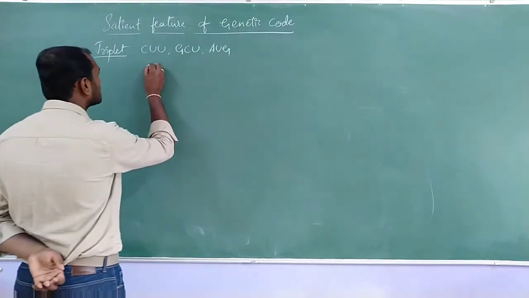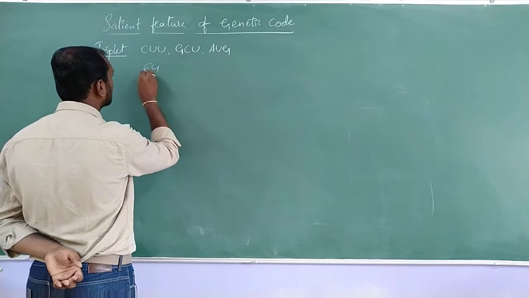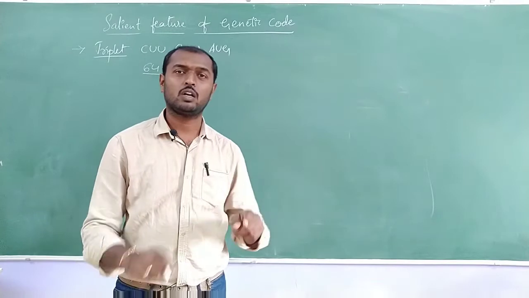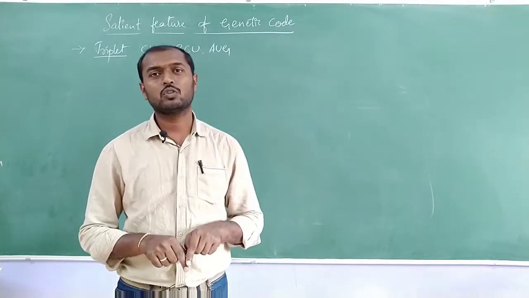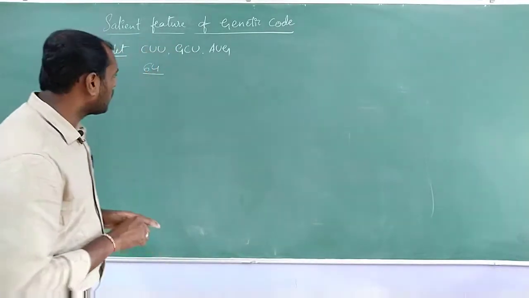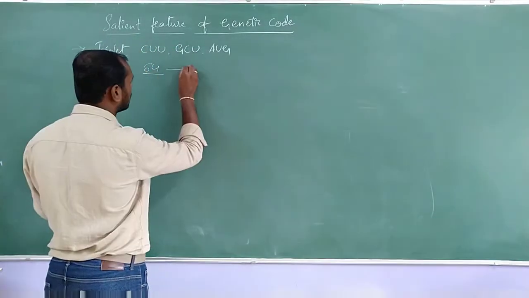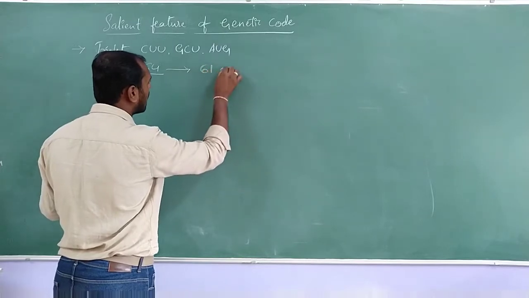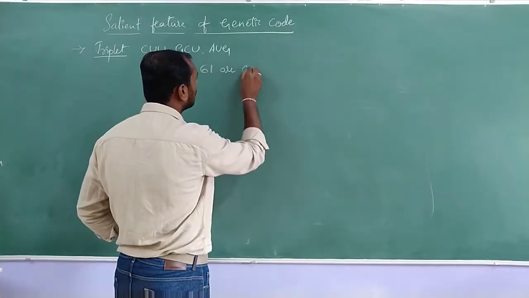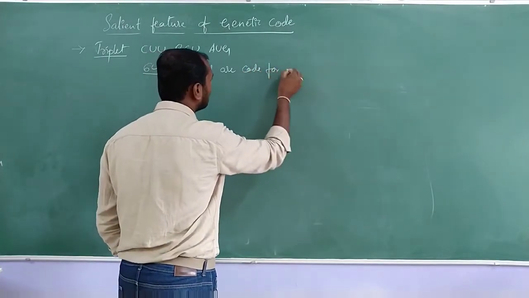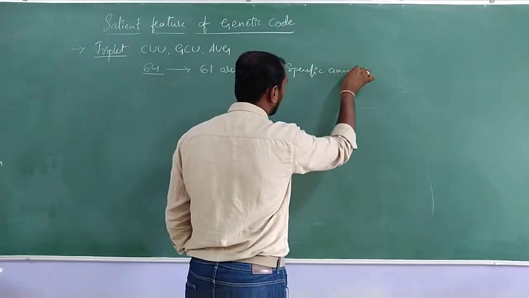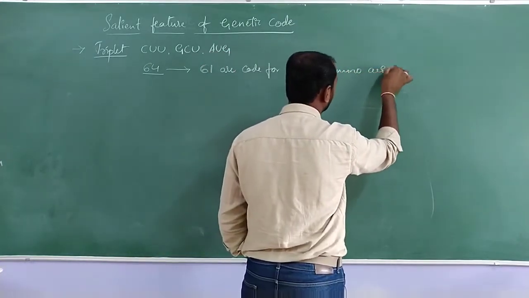And there are 64 such codes. That we already studied according to the table we made. So we are going to get 64 genetic codes. Out of these 64 genetic codes, 61 are able to sense, or able to code for specific amino acids.